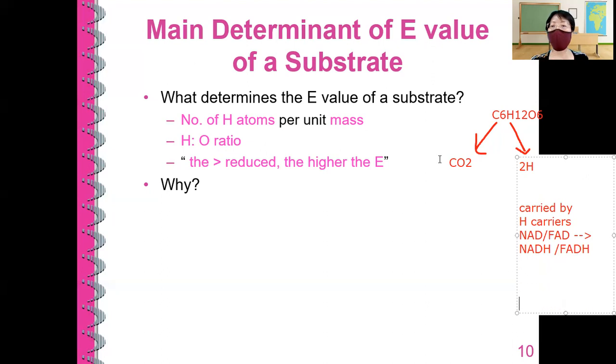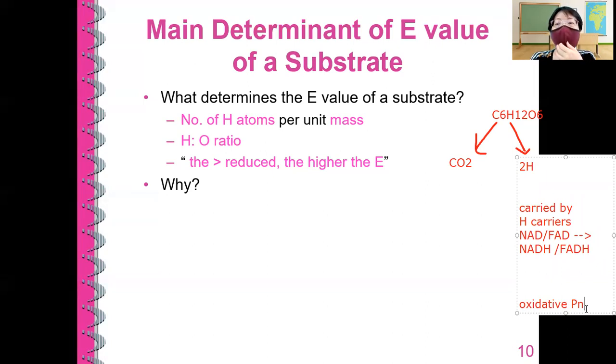And then finally, they carry them and release it to oxidative phosphorylation. Oxidative means the carriers are being oxidized, right? They release the hydrogen. That will lead to phosphorylation, meaning ATP synthesized by chemiosmosis.